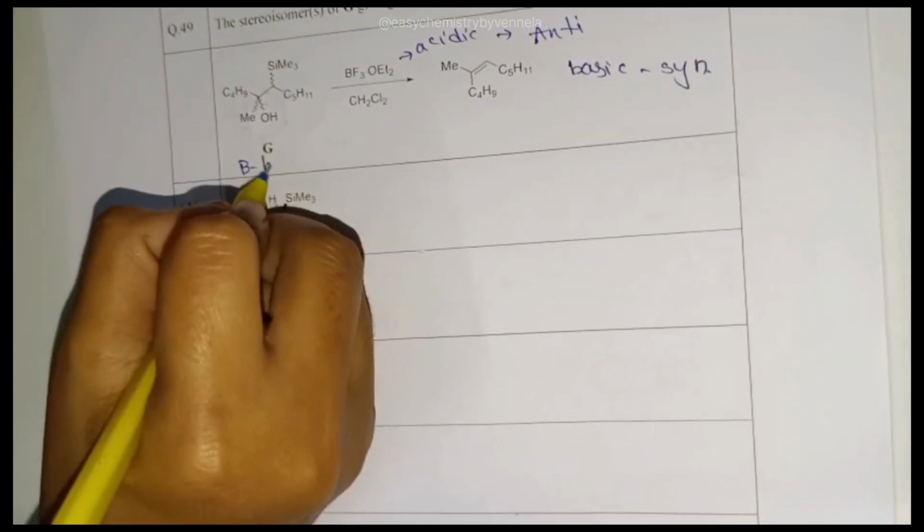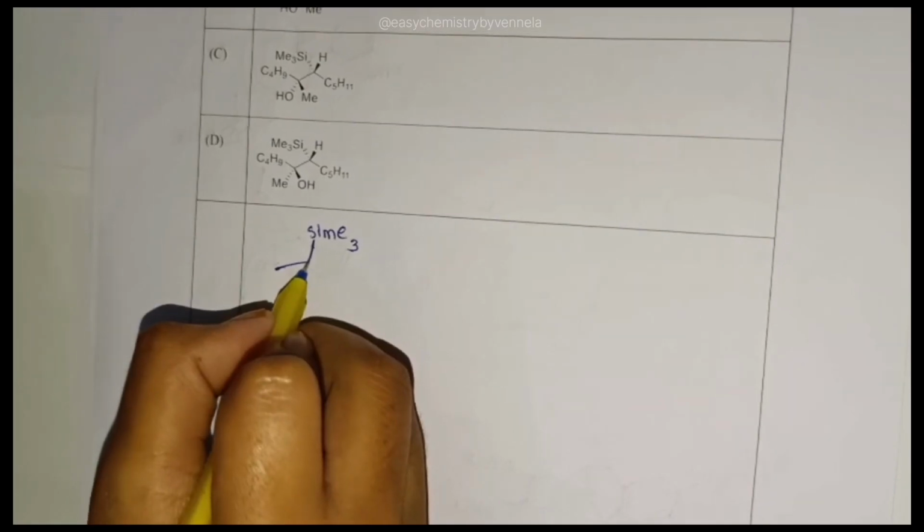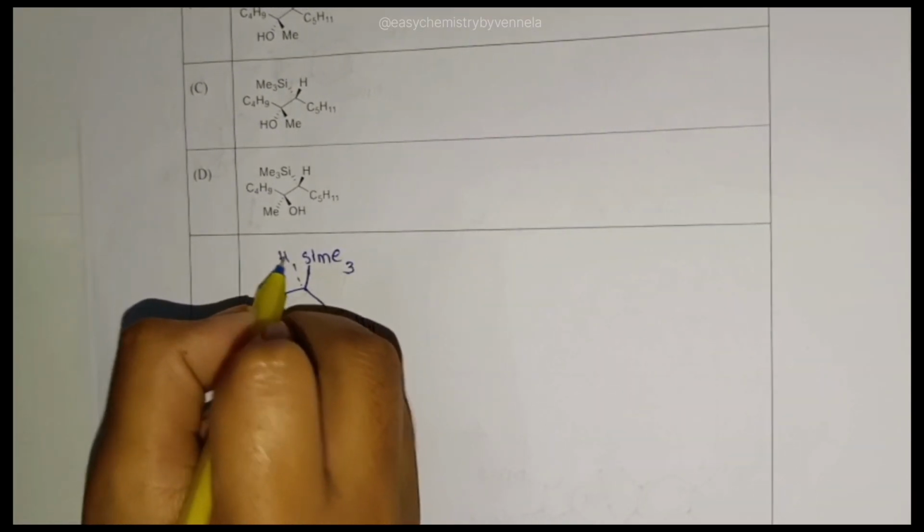This is beta hydroxysilane. Here SiMe3, C5H11, hydrogen, OH, methyl, C4H9.